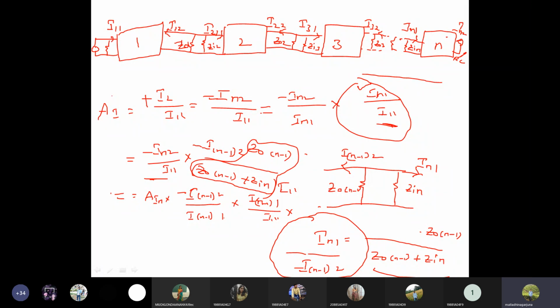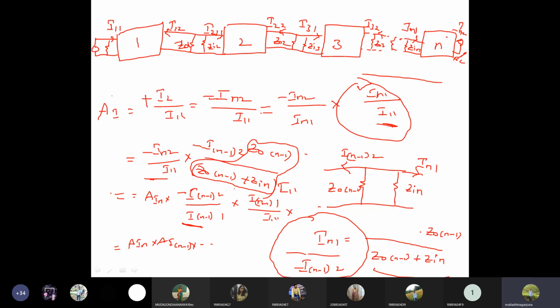Again, if I_n minus 1 cancels, then you get the previous equation. So this I can expand, I can write Ain into n minus output by n minus 1 input, A_I of n minus 1 and so on. So this way you will get it. And for every transferring term, in between the terms you will get like this.